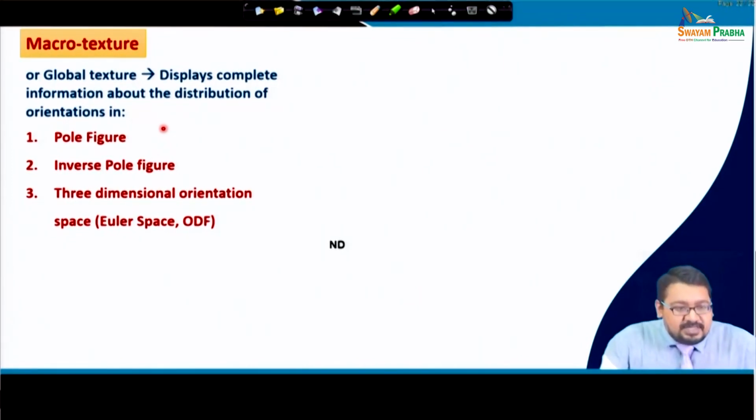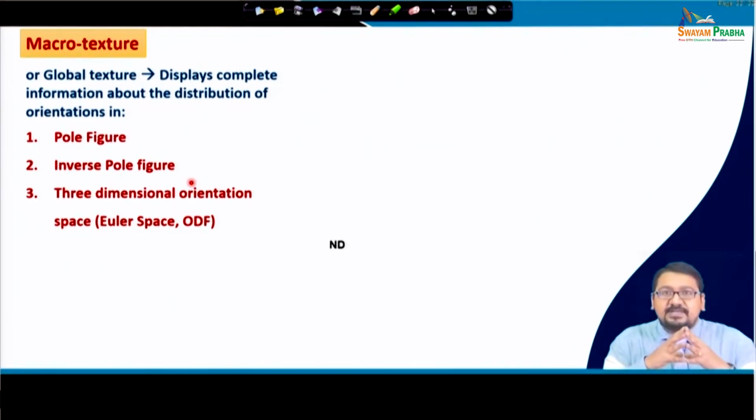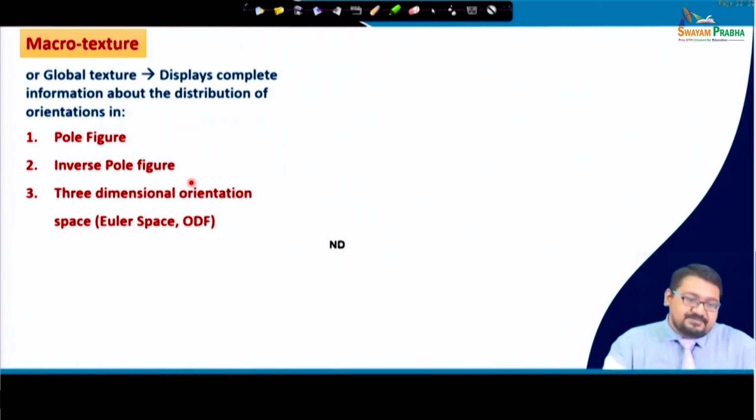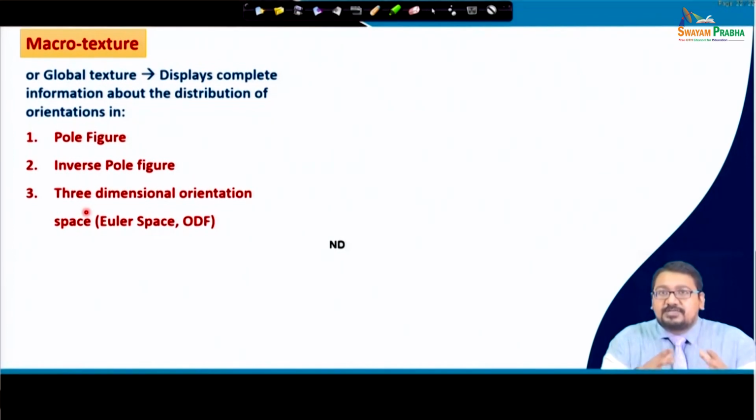The information that is obtained is usually represented in terms of pole figure or inverse pole figure, and we have already seen that inverse pole figure is usually used for axial texture measurements. The 3-dimensional orientation space, that is Euler space, consisting of Euler angles phi 1, phi, phi 2, is also utilized in the form of orientation distribution function, that is ODF, to show this texture or orientation information.